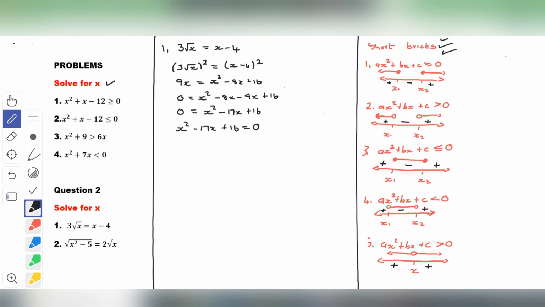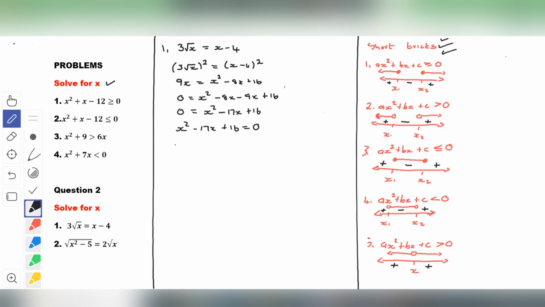So now you can see that we have a quadratic equation. So you can either factorize or use the quadratic formula to solve for x.